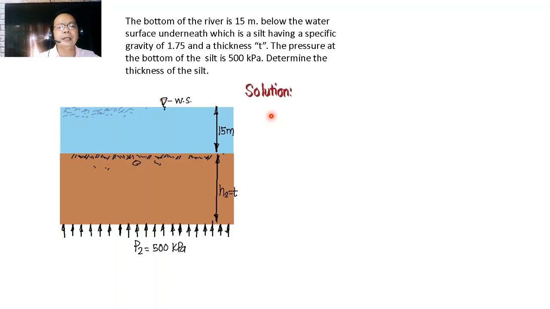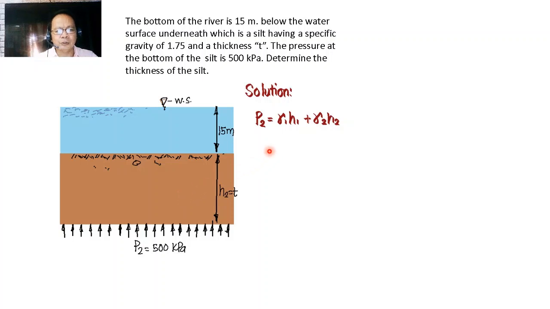So we have here P sub 2 being equal to the product of gamma sub 1 multiplied by H sub 1 plus gamma sub 2 multiplied by H sub 2. That is simply the sum of the pressures exerted by the water and the silt.